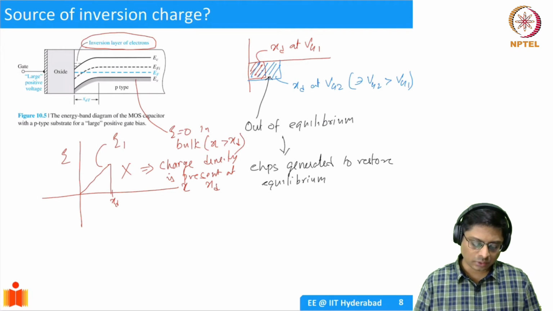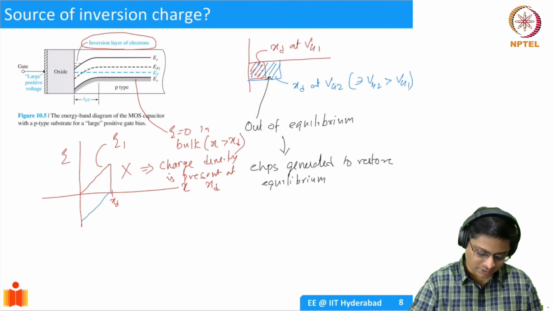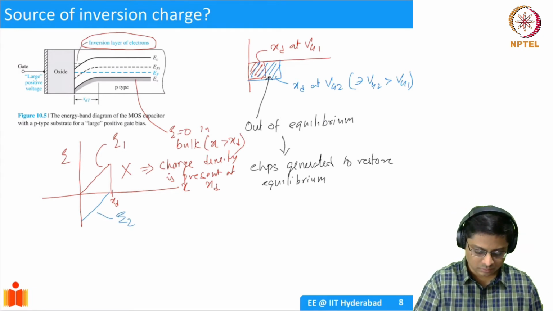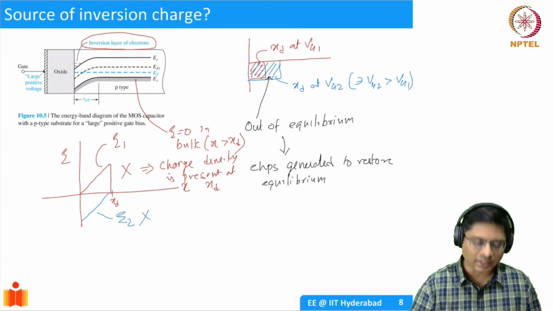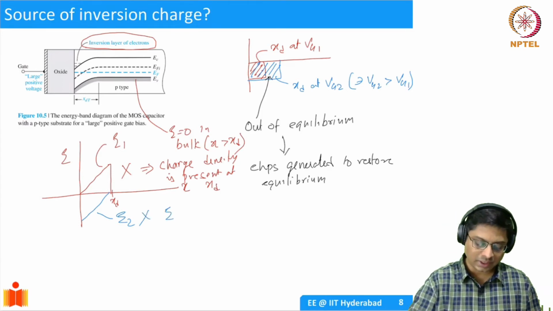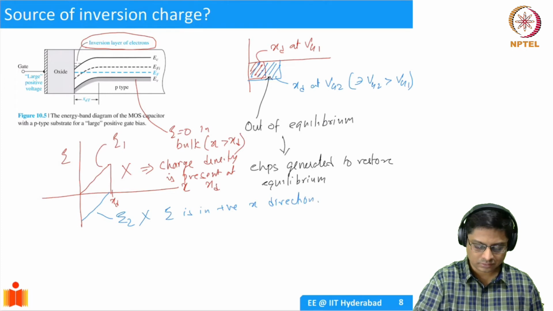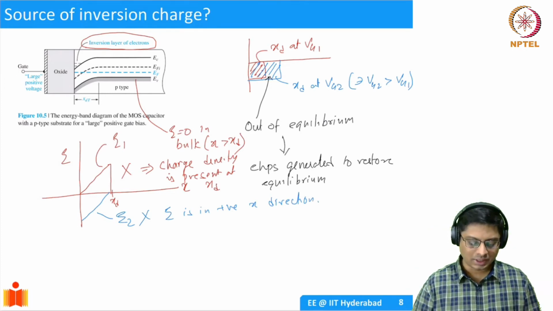Okay, so then can this be a correct field? E2. Well, this also is not going to be correct. The reason is we know that E is in the positive x direction, and this means that it's below zero, right?